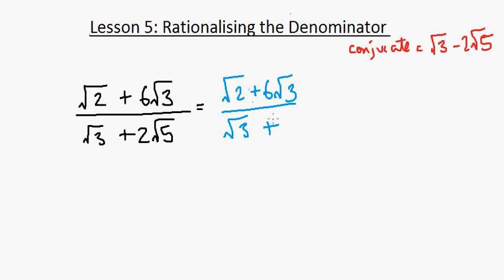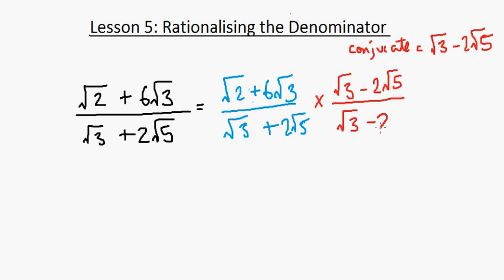Plus 2 root 5 times the conjugate. See how multiplying surds becomes handy? If you haven't already, check the video before this, and you will know what I'm talking about. So now let's equal that.